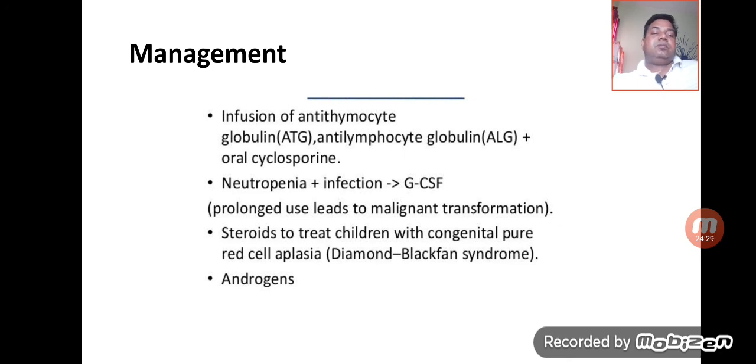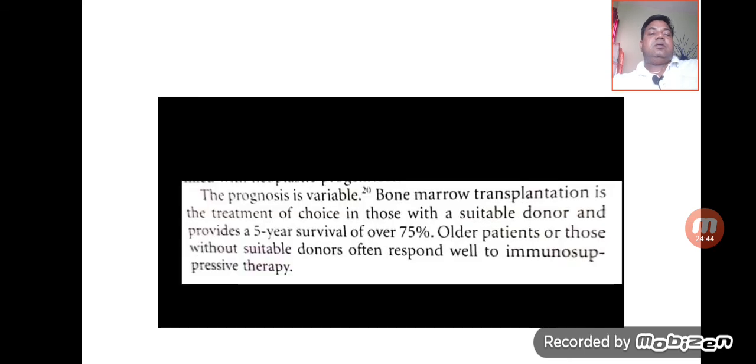Apart from this, we can also use steroids in congenital pure red cell aplasia, and androgens are also used in the management of aplastic anemia. Lastly, the prognosis is very variable, and most of the time the patient requires bone marrow transplantation, which is the treatment of choice with availability of suitable donors.